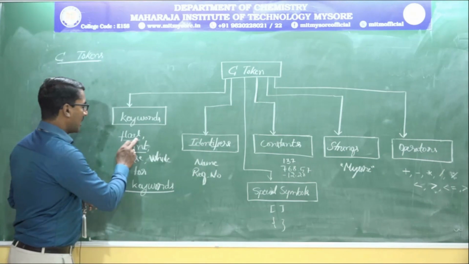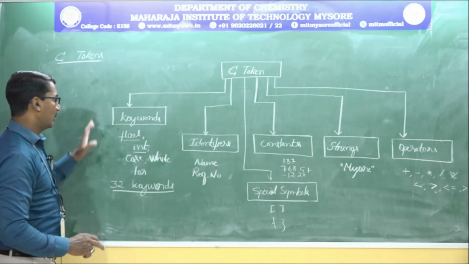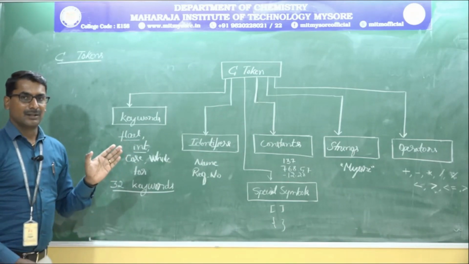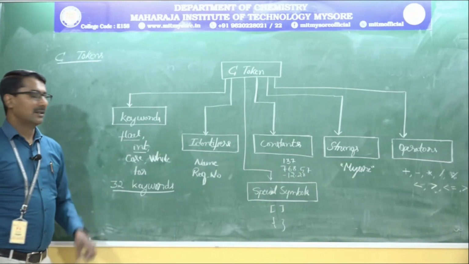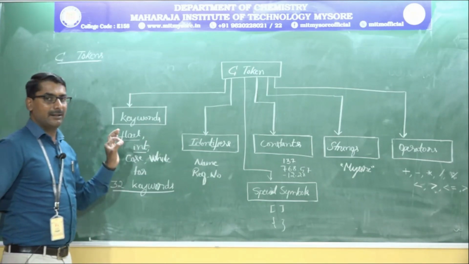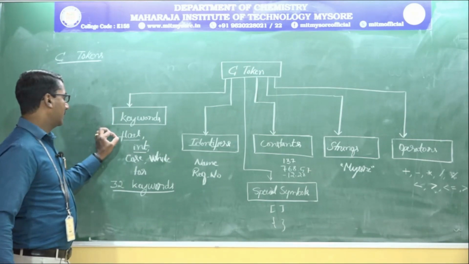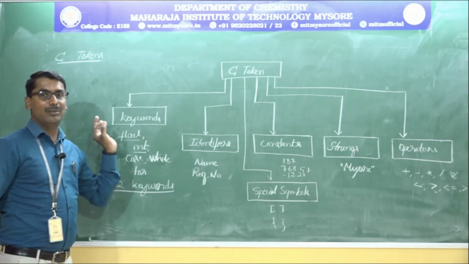So you observe all the keywords are in small letters. Each keyword has its own purpose. When we use keywords, if we change the case of a character, the meaning will change. For example, if we make the f in if a capital, it will be wrong.